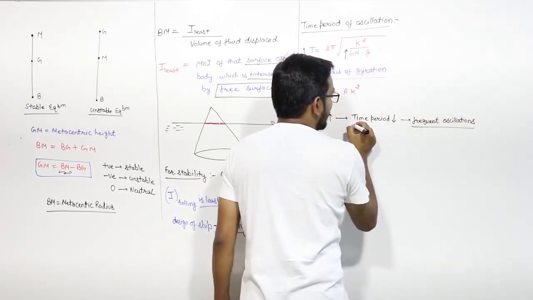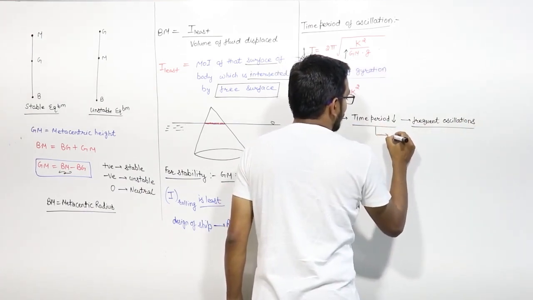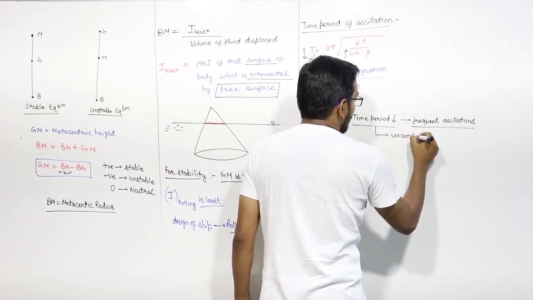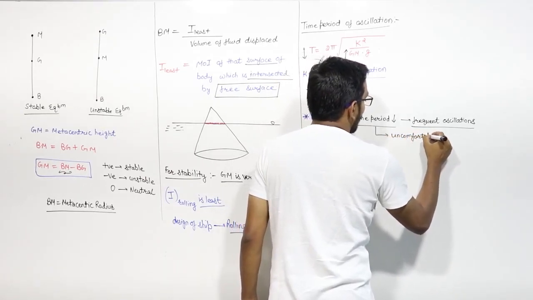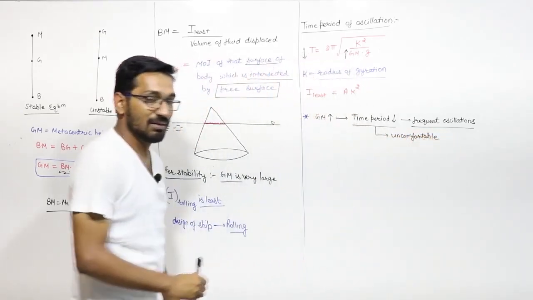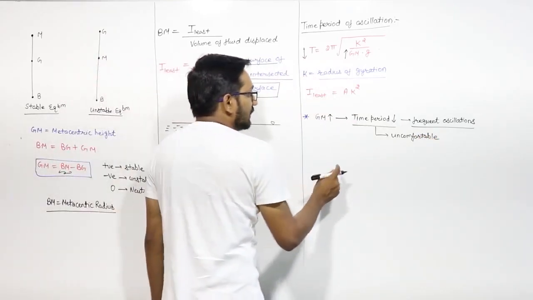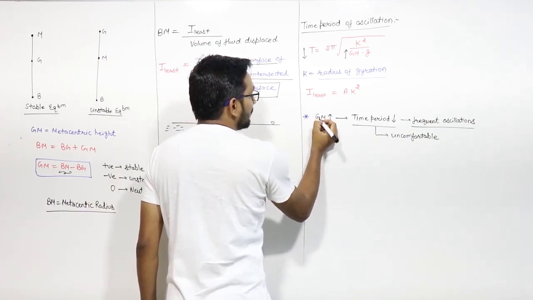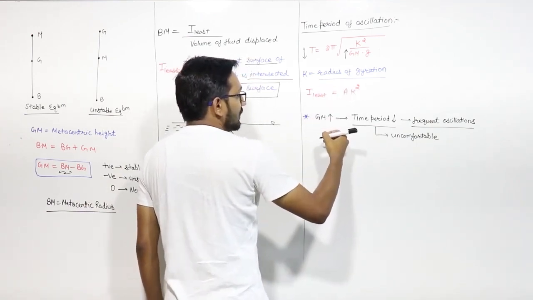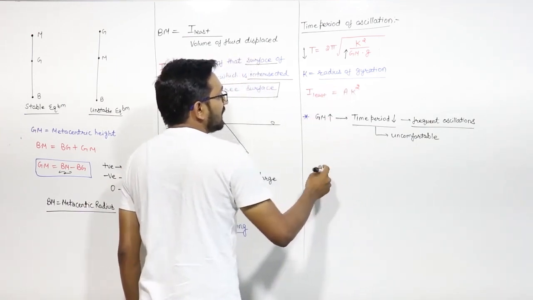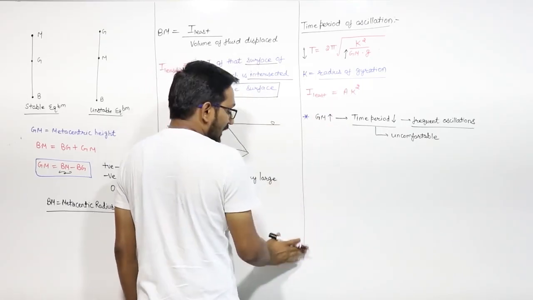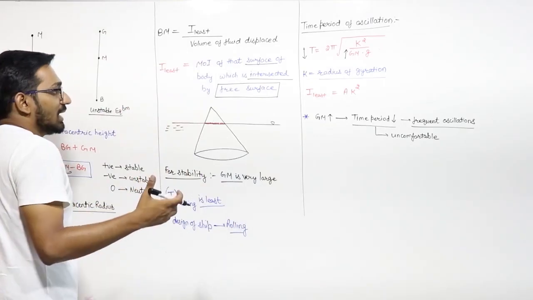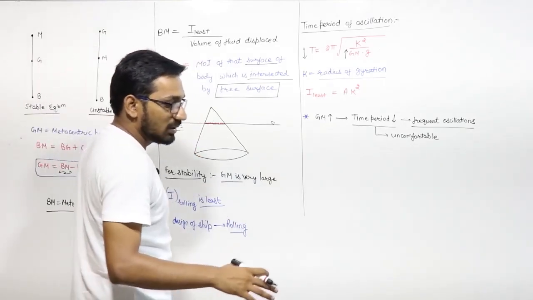If the time period is less, then the body is uncomfortable, and the ship, if we talk about a ship, will be very uncomfortable. So we cannot make the metacentric height very large. If you think about stability, you have to take the metacentric height large, but as you take it large, the time period will be very small.